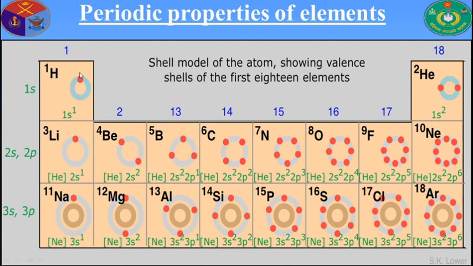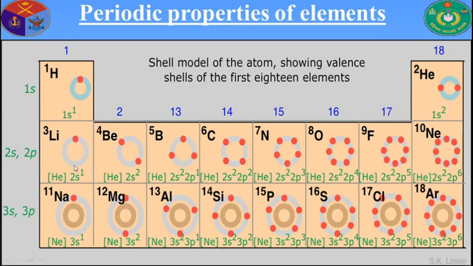If we move from top to bottom in any group, the number of outermost electrons remains the same in every element, but the distance between the nucleus and the outermost energy level containing electrons increases more and more.